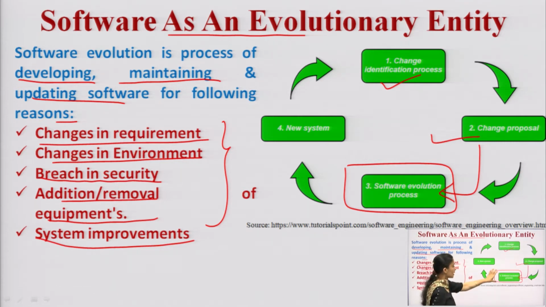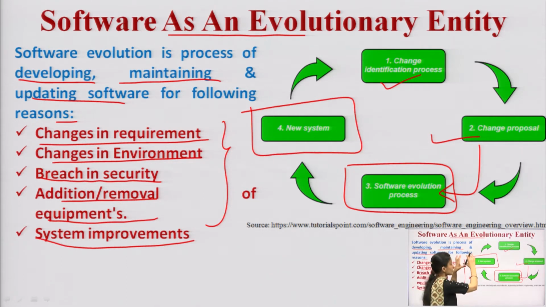After this software evolution process, I am ready with my new system. Here I can say my software is capable of doing improvements, adding equipment, and handling requirement changes, and now I have the new system. Again, the same process can be carried out if I want to add some new features further.